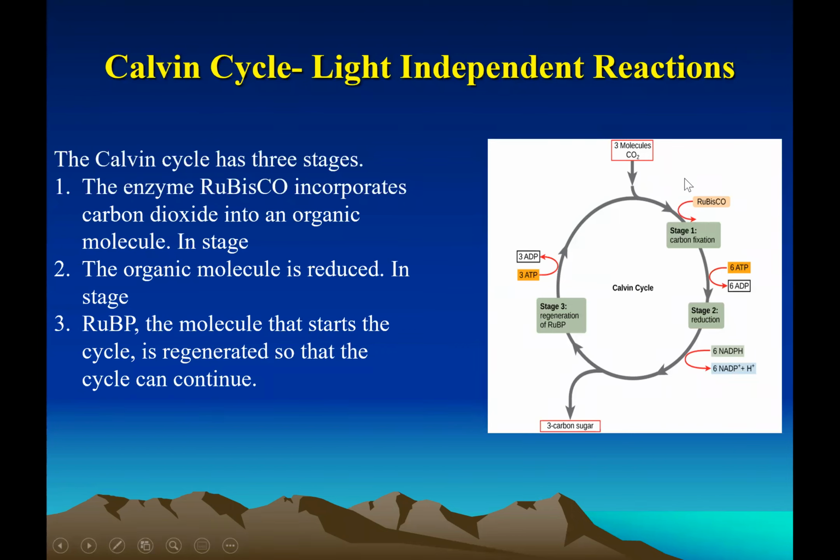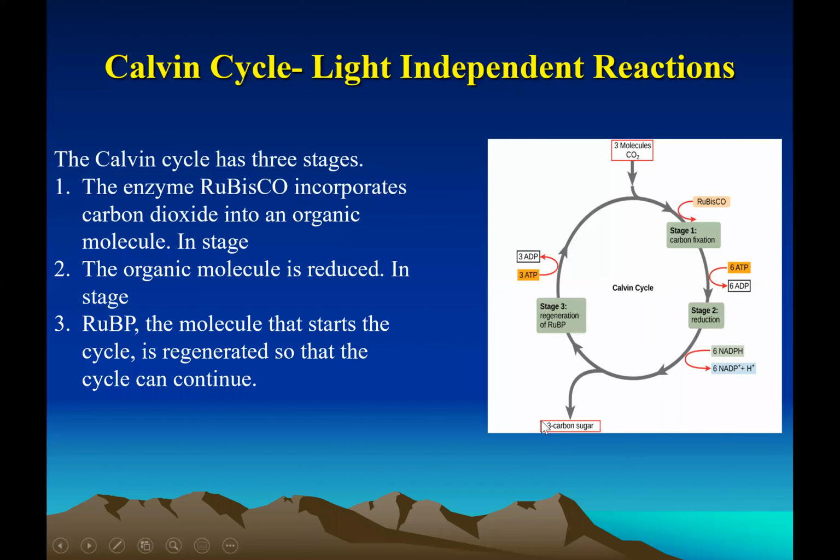So here, by enzymatic process, carbon will be fixed. And then ATP goes into it, and then it will get reduced. And then NADP goes into it to form 3 carbon sugars. It's called glyceraldehyde 3-phosphate. So that is why plants that use this method of photosynthesis are called C3 plants.